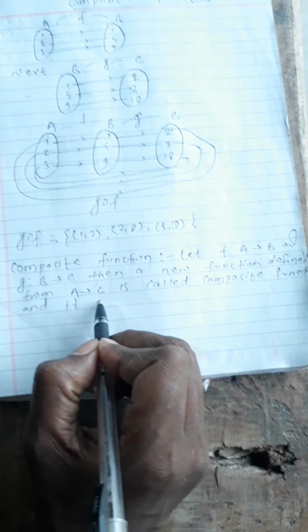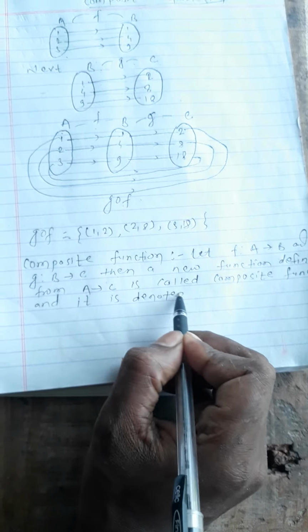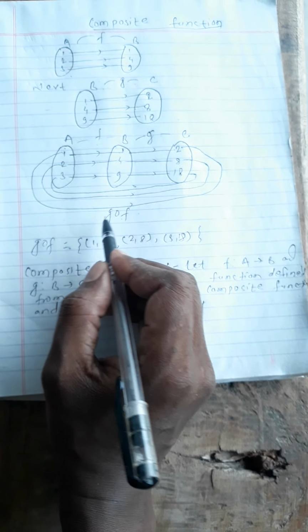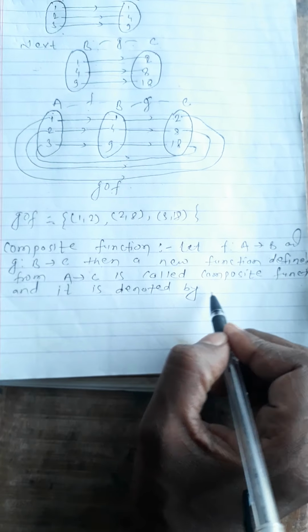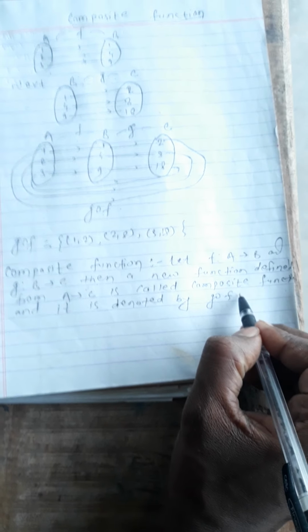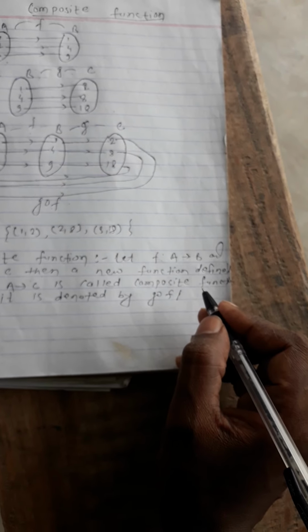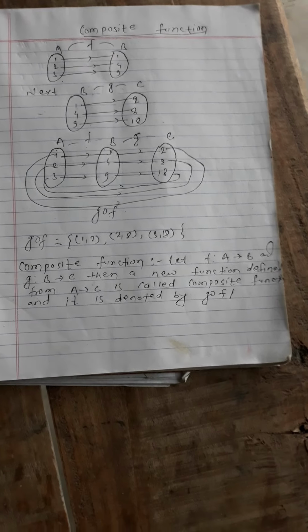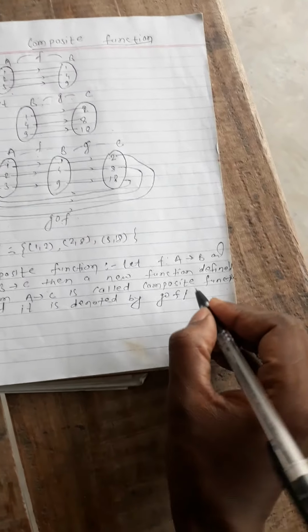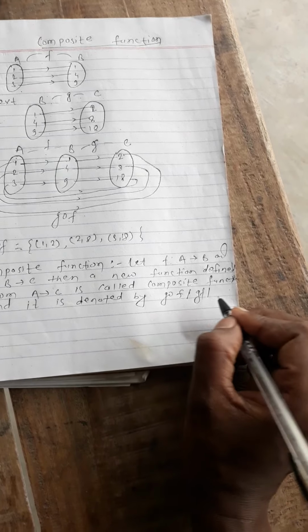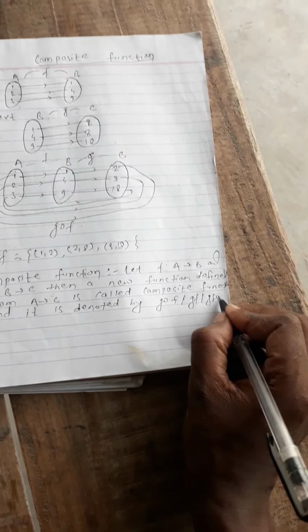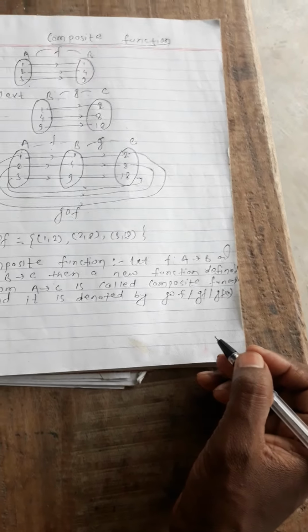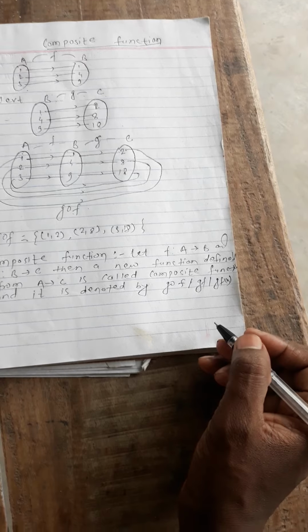And it is denoted by G operation F, not F operation G, G operation F, or we can also write the same thing with the notation GF, or we can also use GF(x).